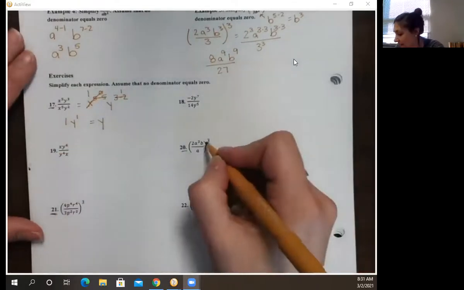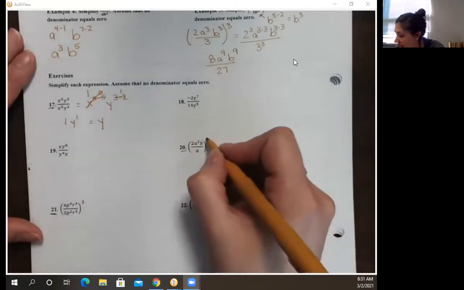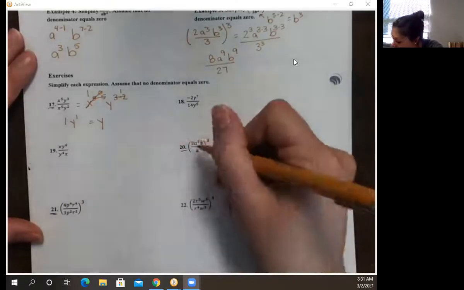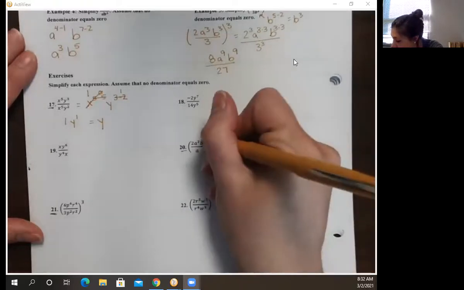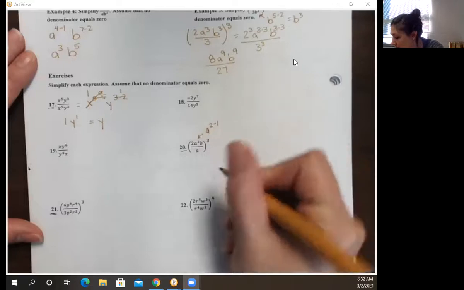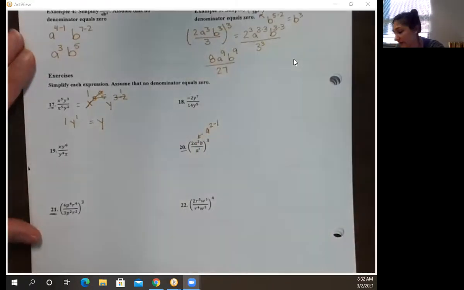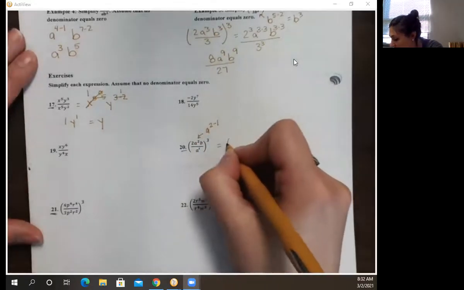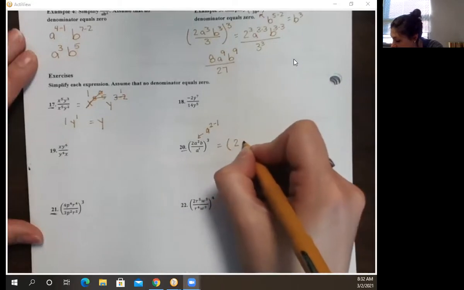If we take a look at now number 20, I've got a power outside of parentheses. I'm going to choose to reduce my a's first. So for my a terms, I've got a to the 2 minus 1. When I don't see that exponent, remember that it's 1. So what I actually have here is 2ab.